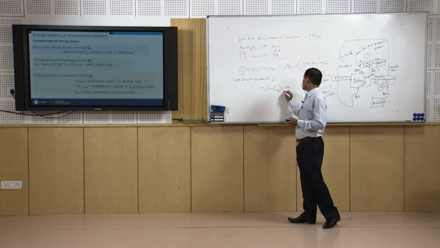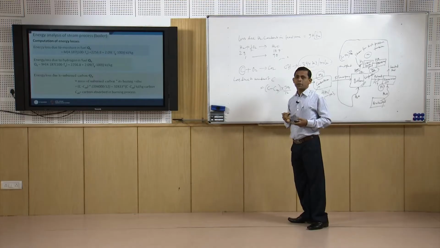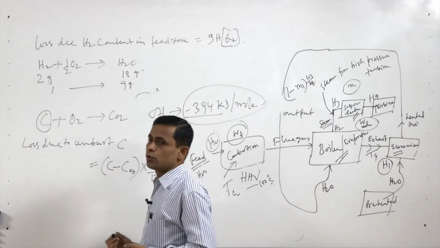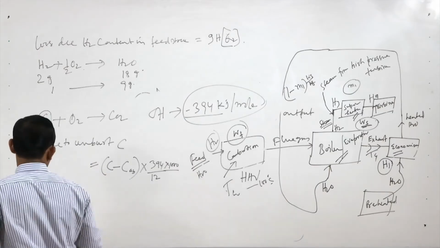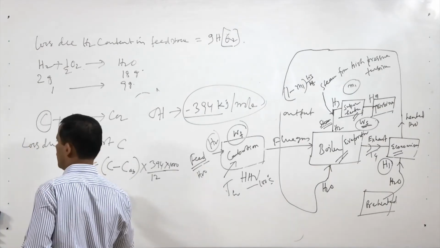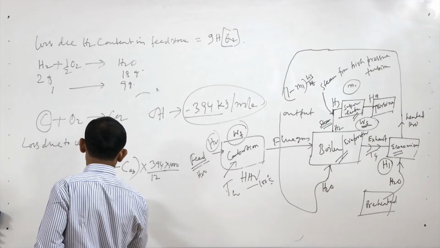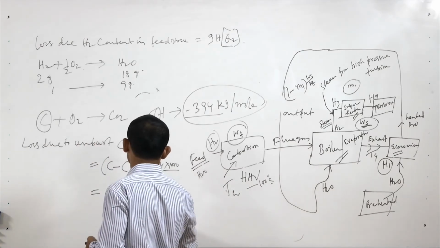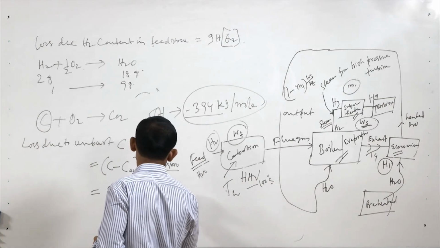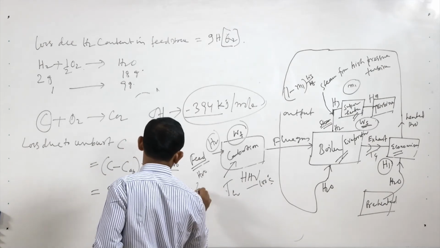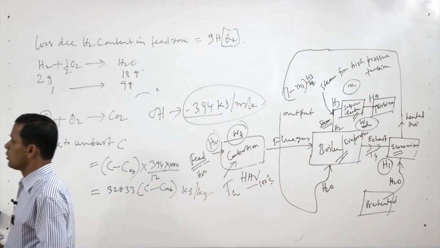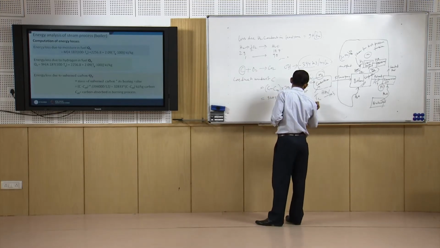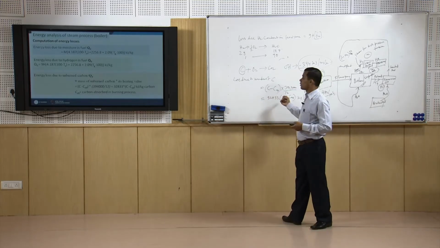So, 394 divided by 12 kilojoule per gram, into 1000, that is kilojoule per kg. So, we will get 32833 into C minus C absorbed kilojoule per kg. So, that is the loss. What is that kg? Kg carbon. This is not the feedstock, this is carbon.